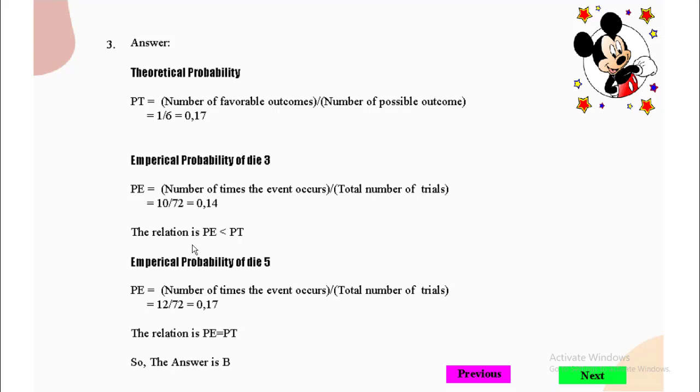So the relation is PE smaller than PT. And then we search the empirical probability of 5. PE is the number of times the event occurs divided by the total number of trials, 12 divided by 72, which is 0.17. The relation is PE the same as PT. So the answer is B.